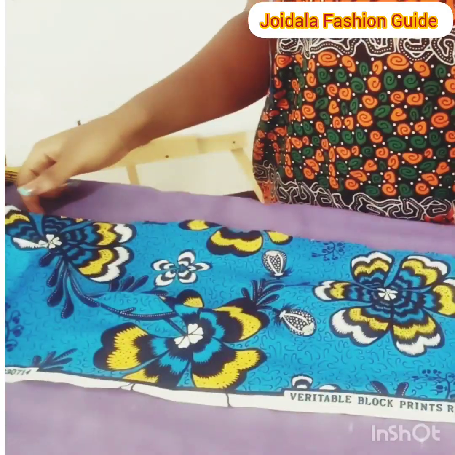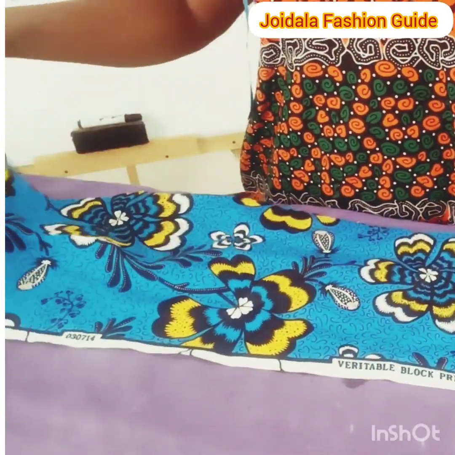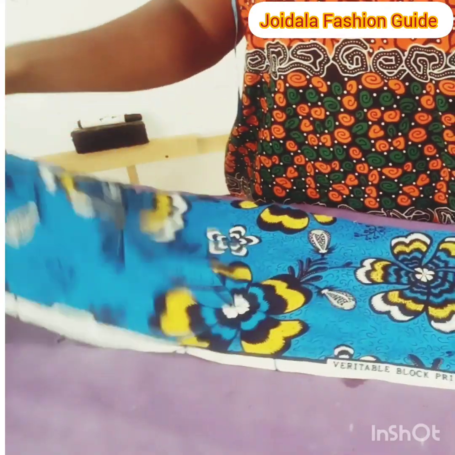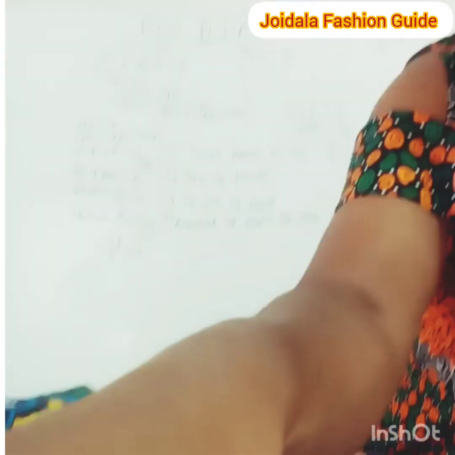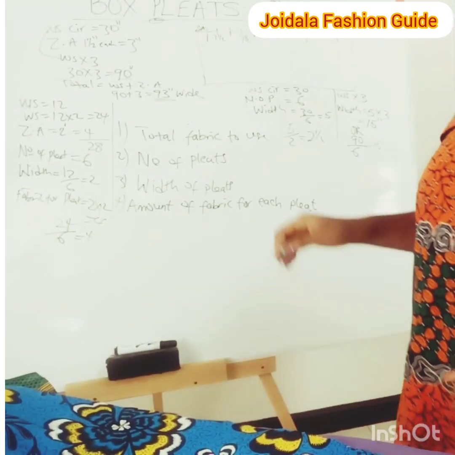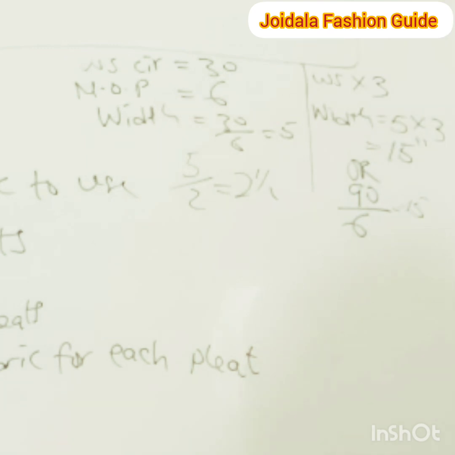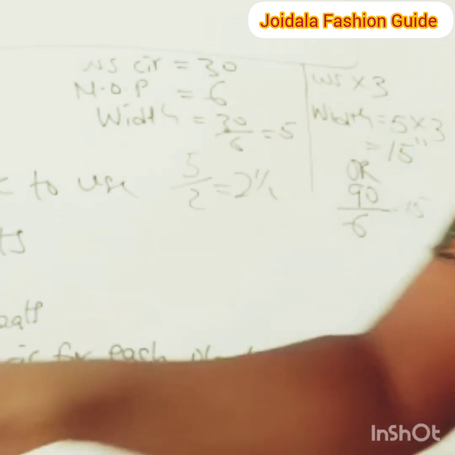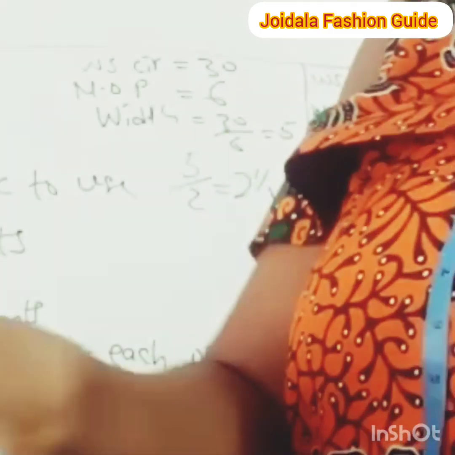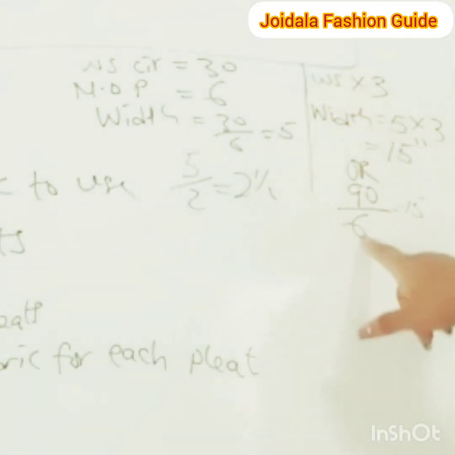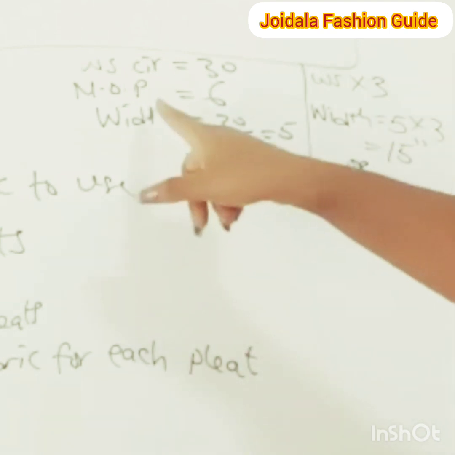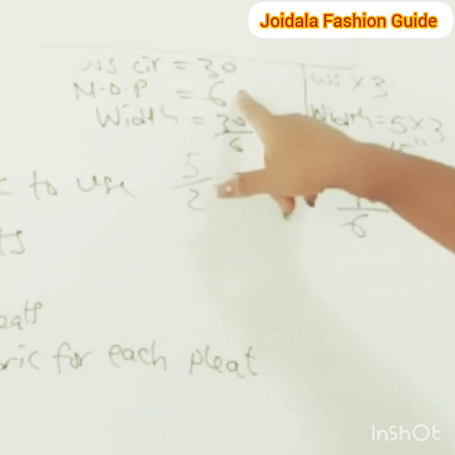I'll just be doing two examples because we don't really have much fabric. So let's work on the right side. From what we explained on the board, the one I just did, we multiplied the waist by 2. For the one where we are multiplying the waist by 3, from our explanation, we are going to have 6 pleats.